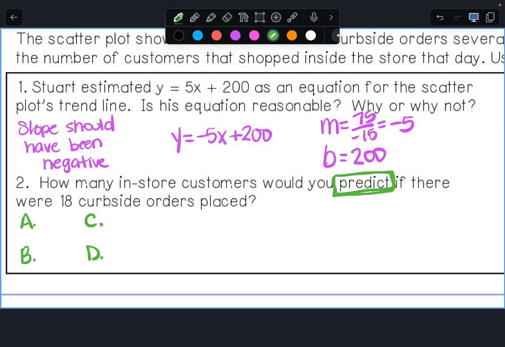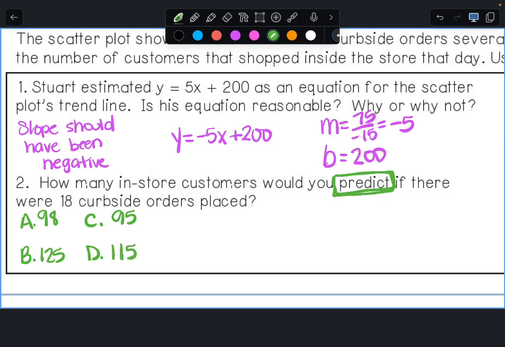You're going to have to find a number that's closest to it. So I'm going to give you 4 answer choices. Okay? Those are my 4 answer choices.